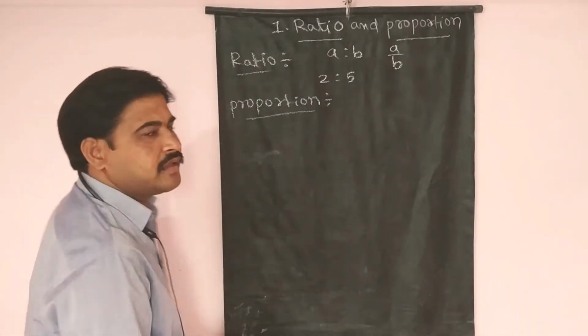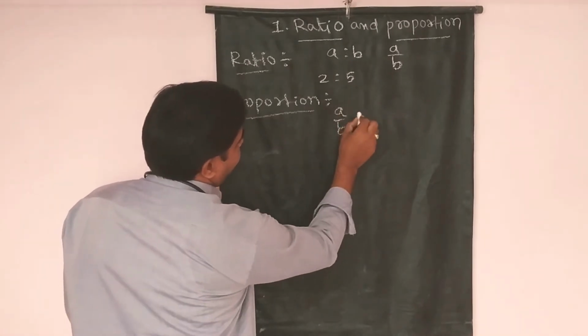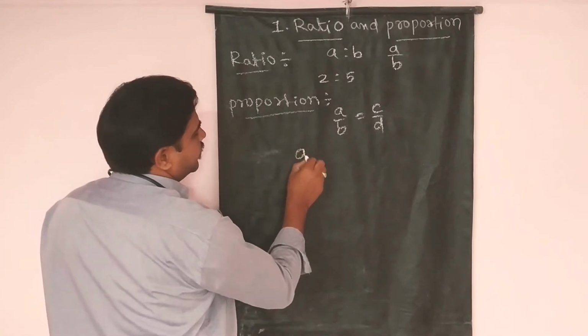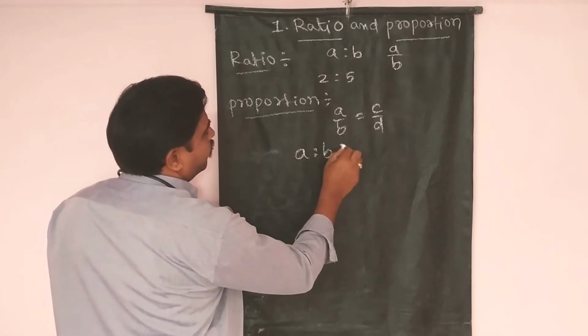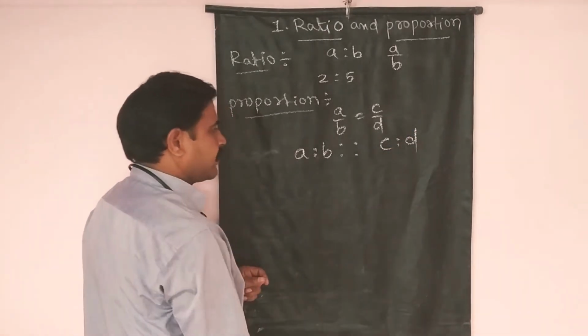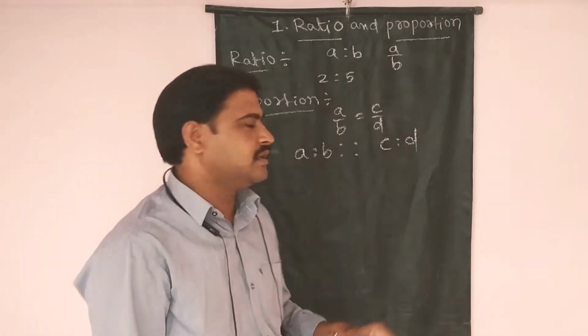A ratio B means A by B equal to C by D. We can write this proportion as A ratio B proportion to C ratio D also.